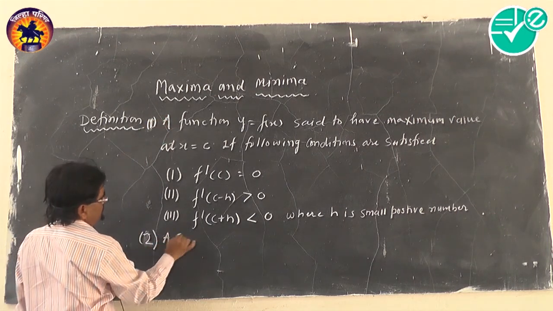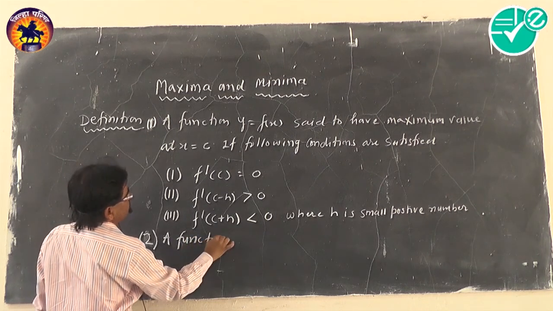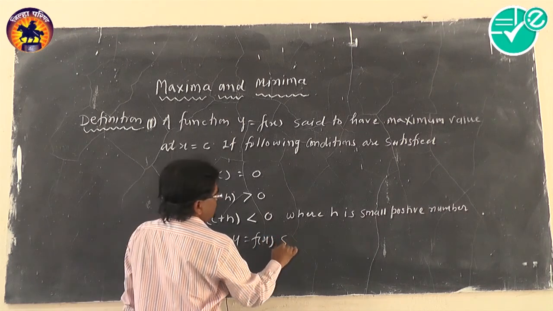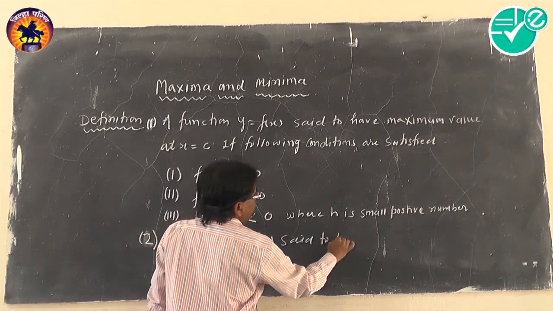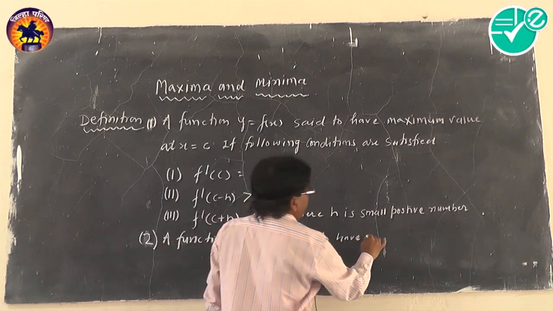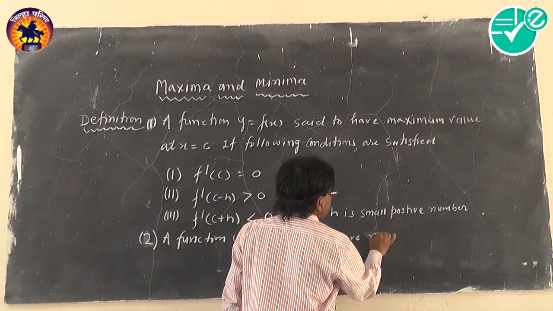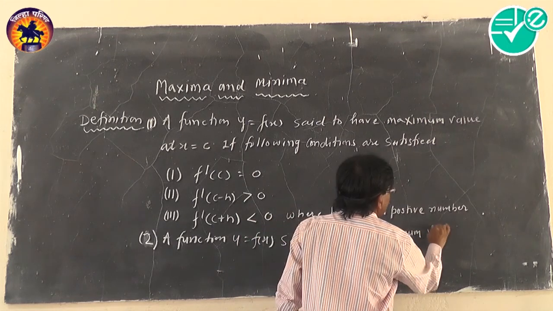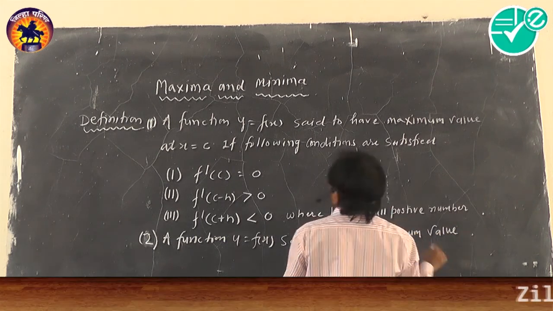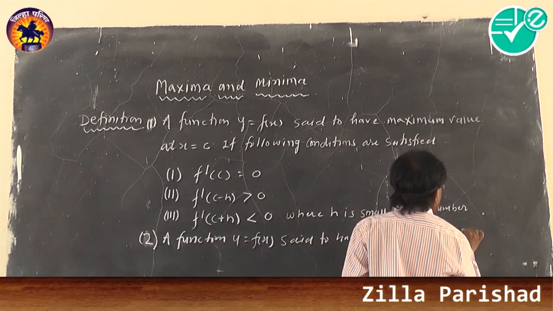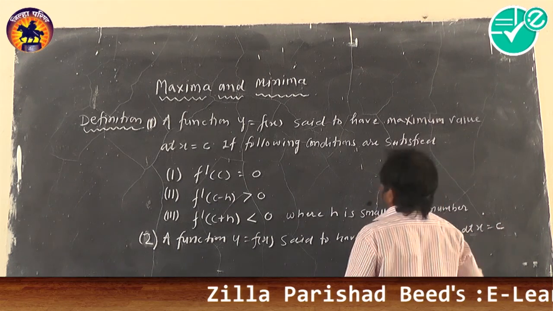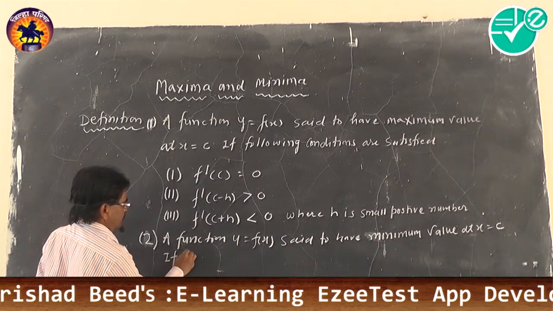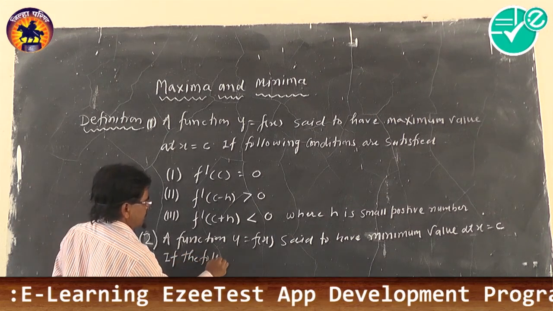A function y is equal to f of x is said to have minimum value at x is equal to c if the following conditions are satisfied.